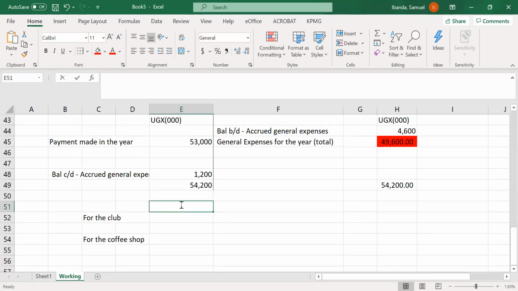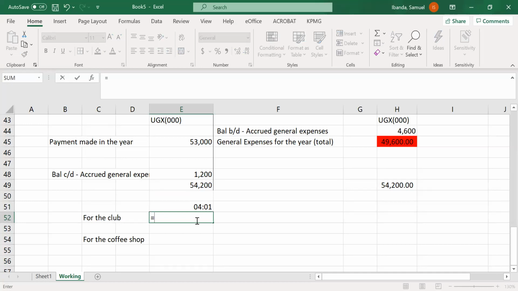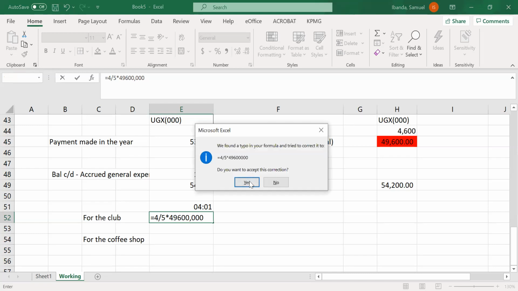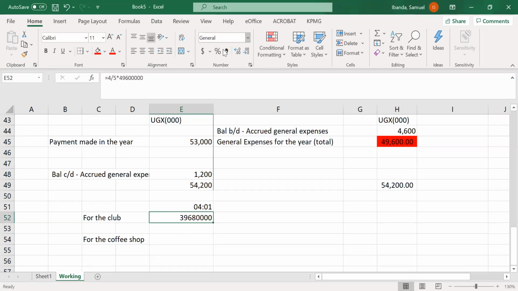So remember we got our total ratio to be 5. So for the club will be 4 out of 5 times the 49,600. But in this case, let me put the 3 zeros since it's outside the T format that I've drawn. So I have about 39,680.